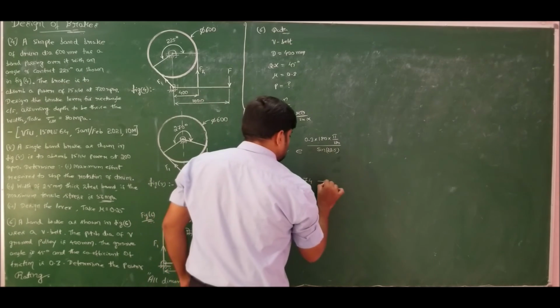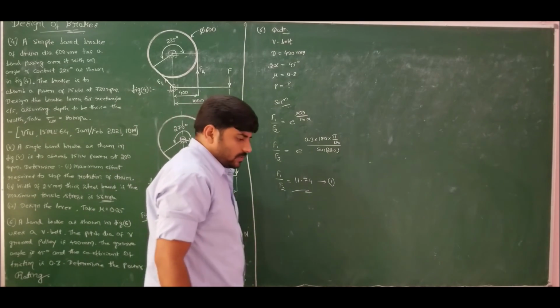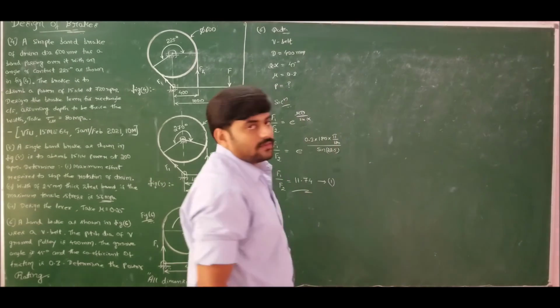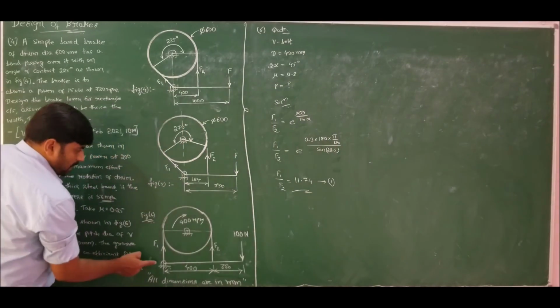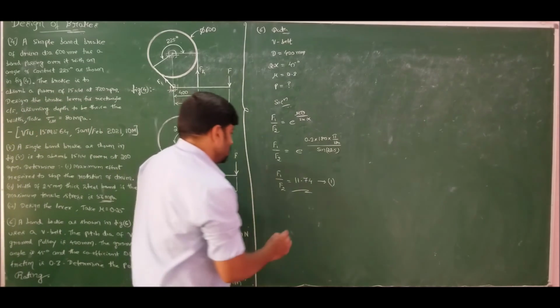Let us take this as equation 1. One more equation is that torque is equal to T1 minus T2 into R, but here torque itself is unknown for us. Hence, for equilibrium, the moment about the hinge should be equal to 0. This we already know.